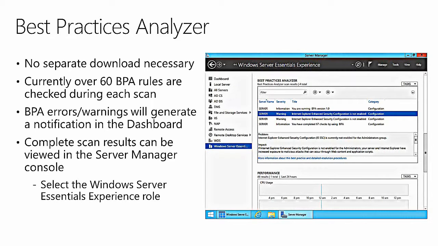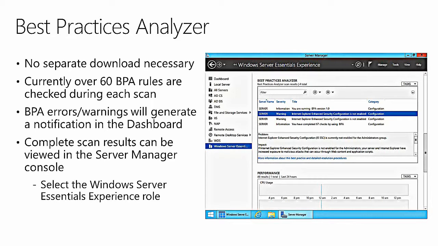We have over 60 rules that are checked during each scan of the BPA to let you know what's going on. These have actually been refined and consolidated from the past, so there used to be more and maybe a little bit more noise in terms of what information that you really needed. So we continue to both expand and shrink the set of rules and refine them to really hone in on what is important for you to maintain a healthy system.